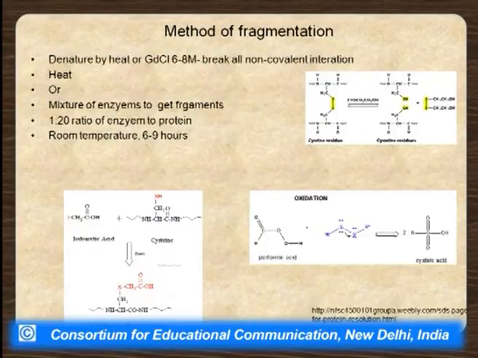So, before we proceed for this kind of protein sequencing, we have to take care of the sample preparation as well. Here we have to obtain a peptide, which can be obtained by treating the protein with a denaturing agent, with heat or with an acid, so that all non-covalent interactions are removed and a primary structure is obtained.